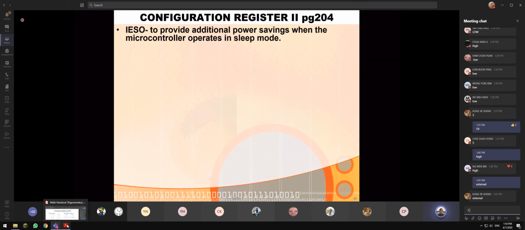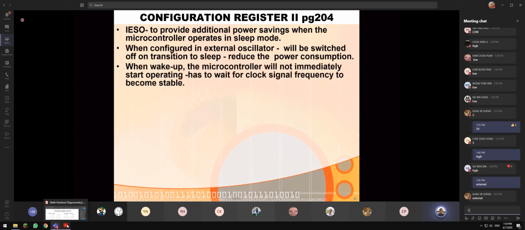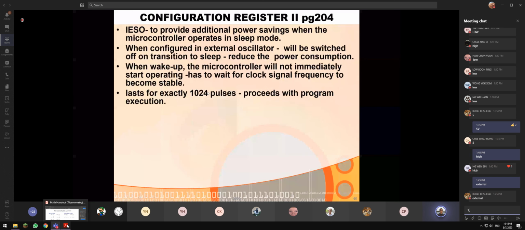According to the study, it will take about 1024 pulses before it stabilizes. So this means that you switch on and off 1024 times, which means your system will take up a lot of power.